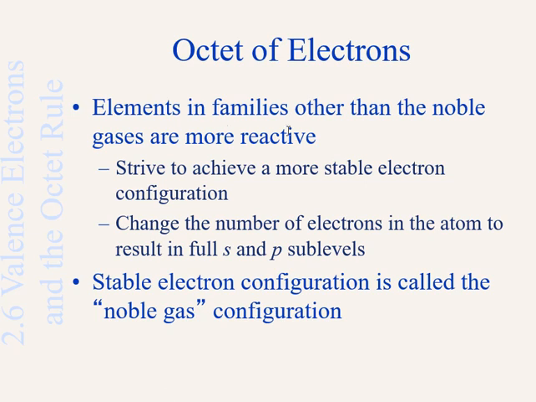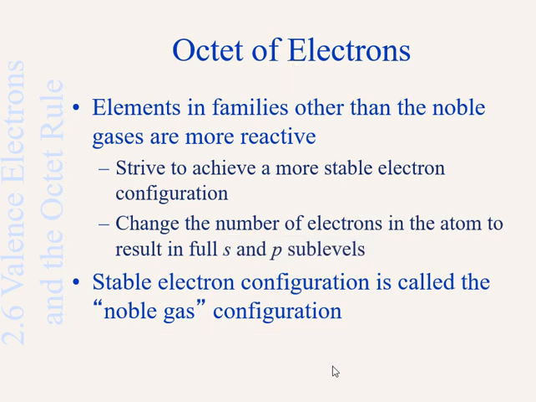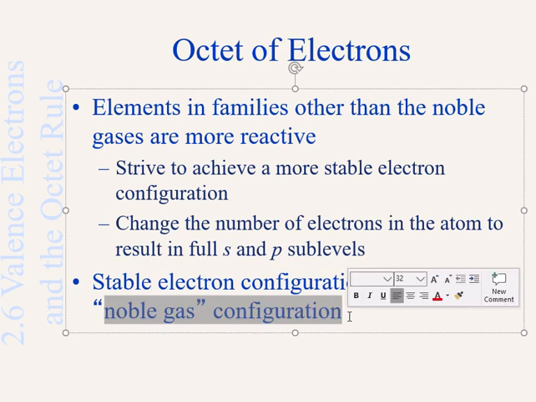So elements in families other than the noble gases are more reactive, as we just stated. Noble gases are not reactive and they strive to achieve a more stable electron configuration where their s and p sublevels are completely full. When that happens, we say that they have achieved the noble gas configuration.